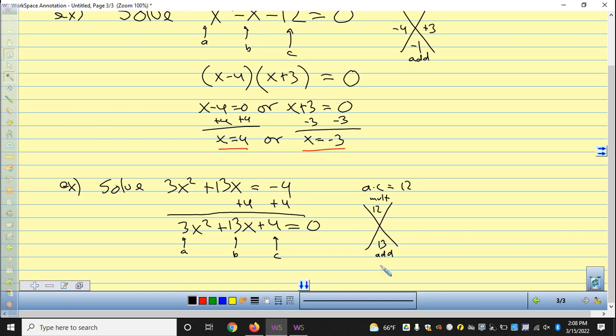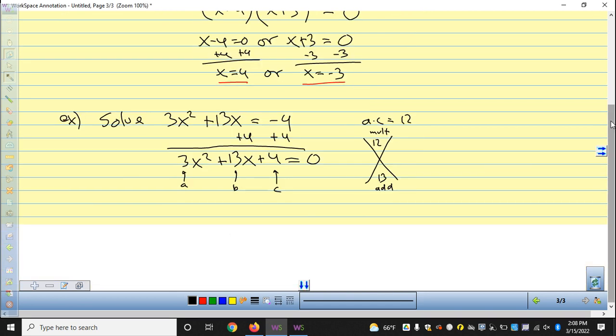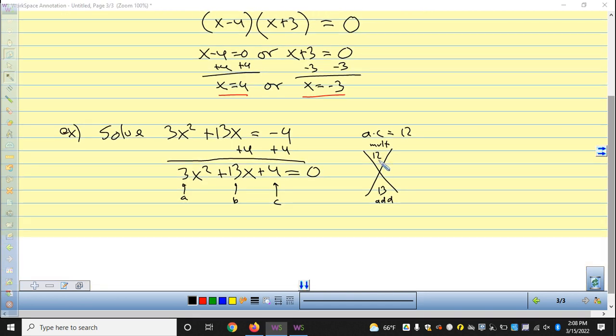And I'll do this one both ways. I'll do this one with the box and with slip and slide, just to remind us about those, how we do those things. So I need to pick two numbers that multiply to 12 and add to 13. Well, 1 times 12 is 12, and 1 plus 13 is 13. So we're going to get 1 and 12.